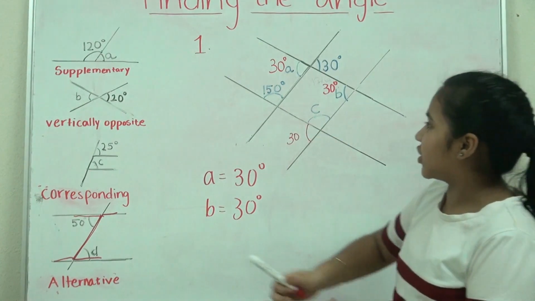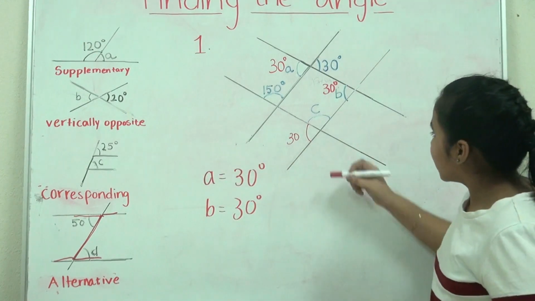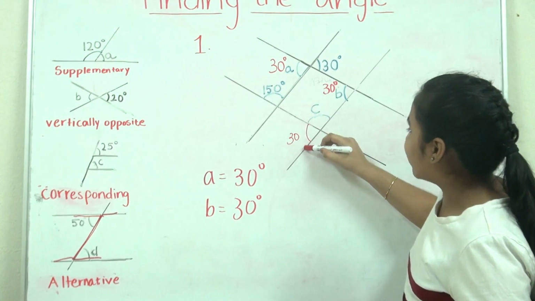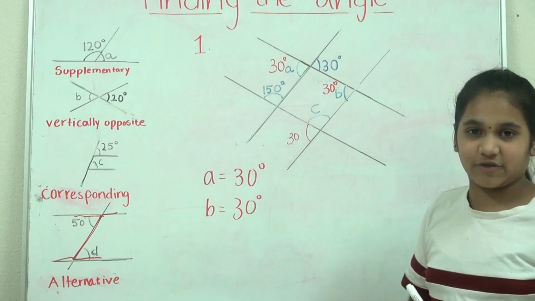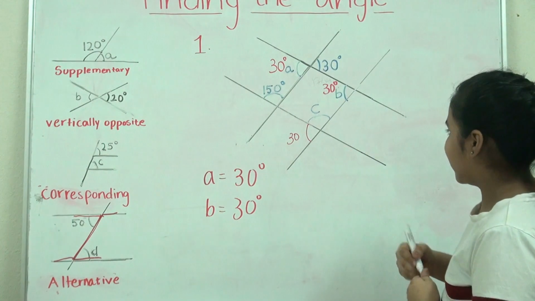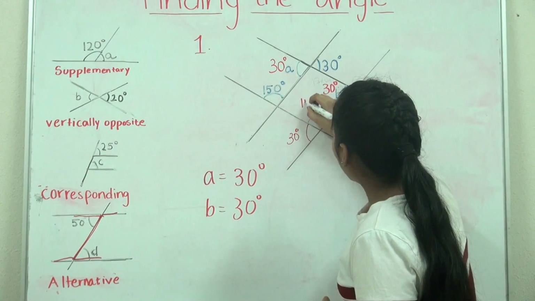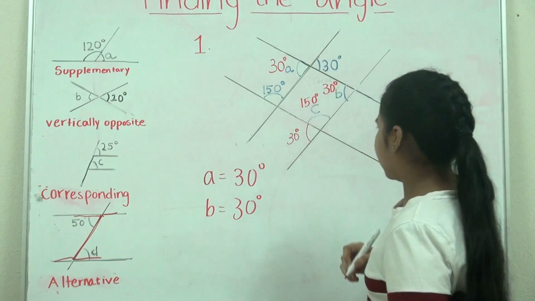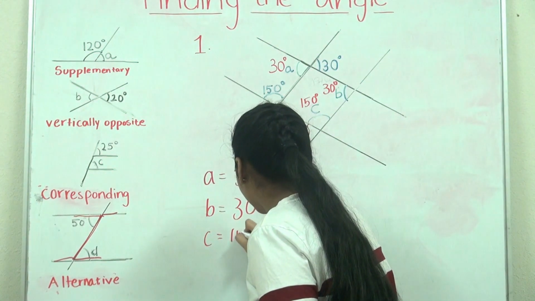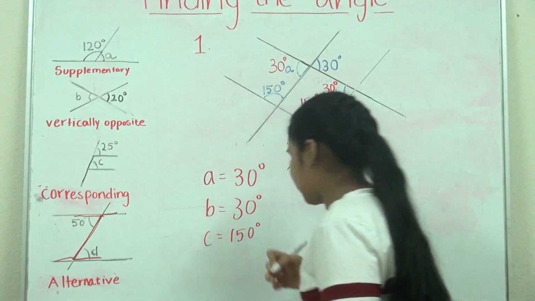Now, as we learned here of supplementary angles, this line is 180 degrees, and we have one angle which is 30 degrees. So if we subtract 30 degrees from 180, we would get 150 degrees. So C is equal to 150 degrees.